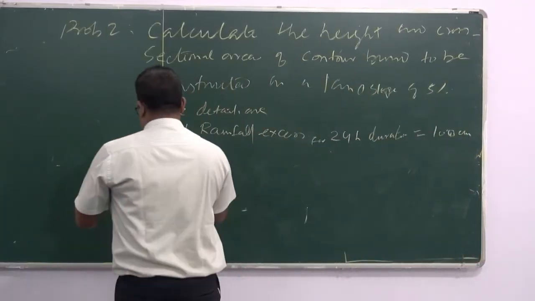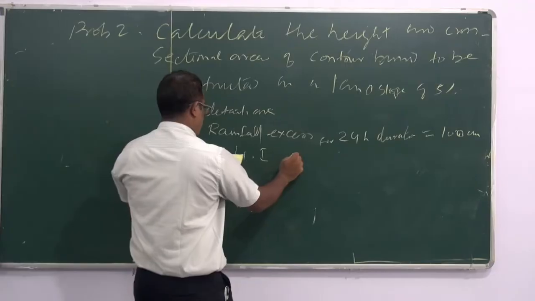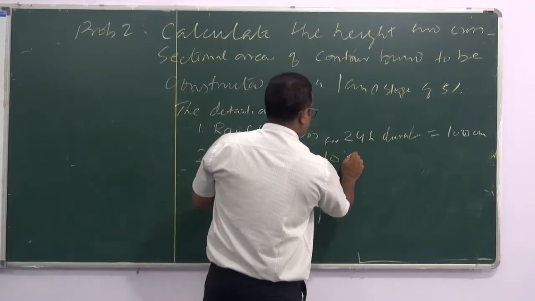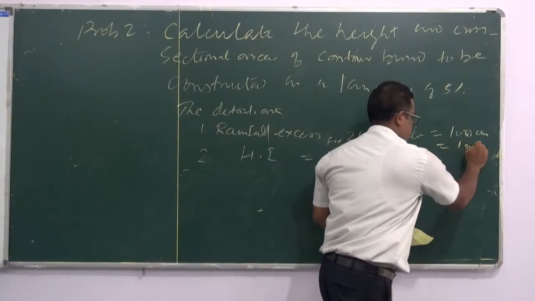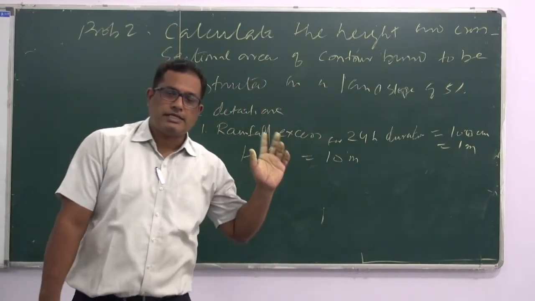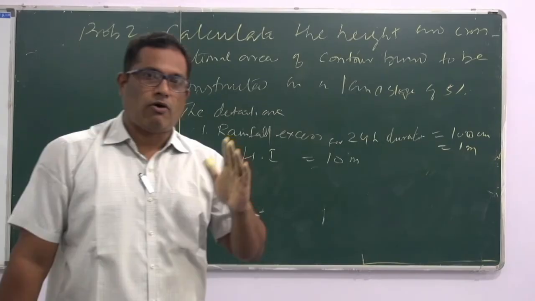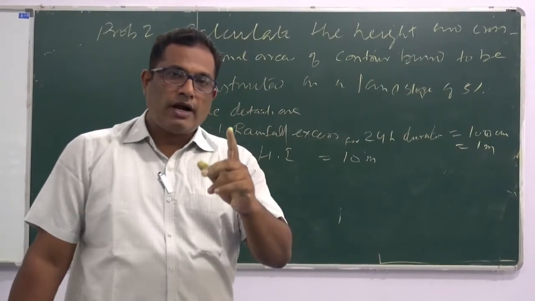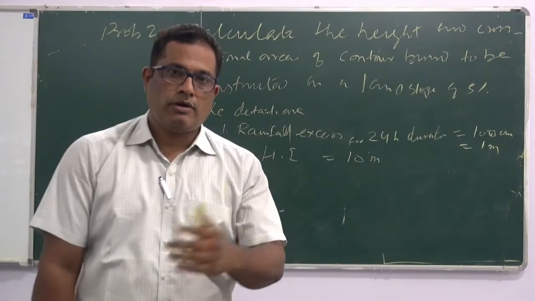2, horizontal interval is equal to 10 meter. This is 1 meter. You must remember one thing, these contours are always designed on 1 day excess rainfall.